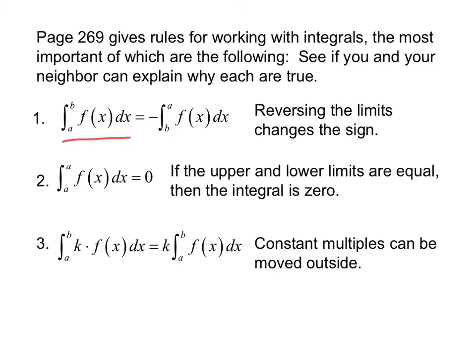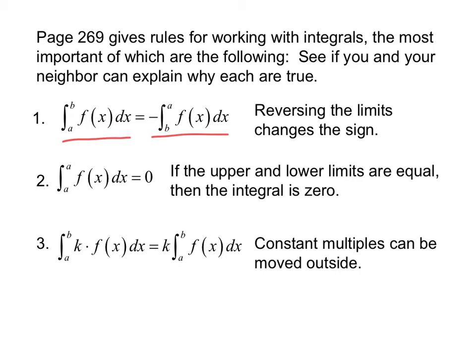Well, if I switch the order, and now it's b up to a, that would mean that the order of my subtraction has been changed. So therefore, I'm now going to have the opposite of what I would have. So if you switch the upper and the lower limits of integration from a to b to b to a, then you're going to get the opposite answer. So that's this first property. Reversing the limits changes the sign.